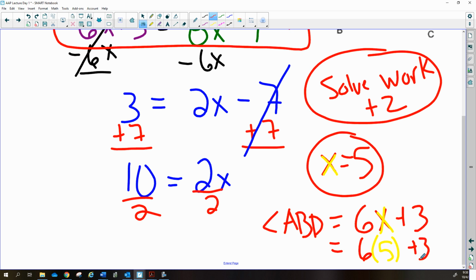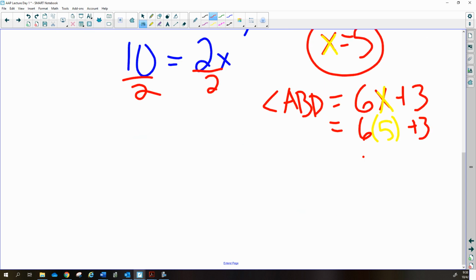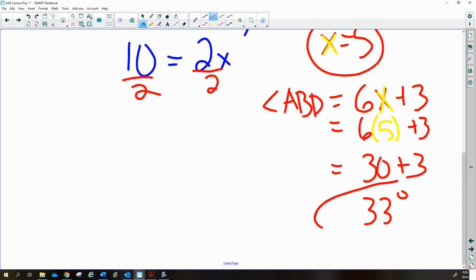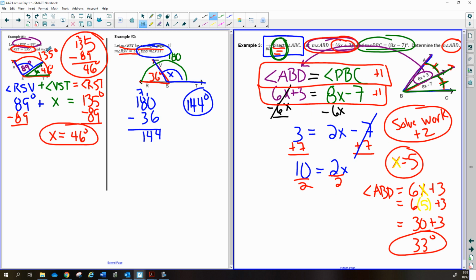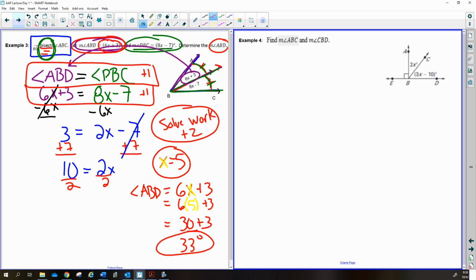So if I multiply my 6 times my 5 and add on 3, I'll come up with 33 degrees. And that is my measurement that I'll have for angle ABD. All right, so that's example 3. I'm going to do a couple more here.